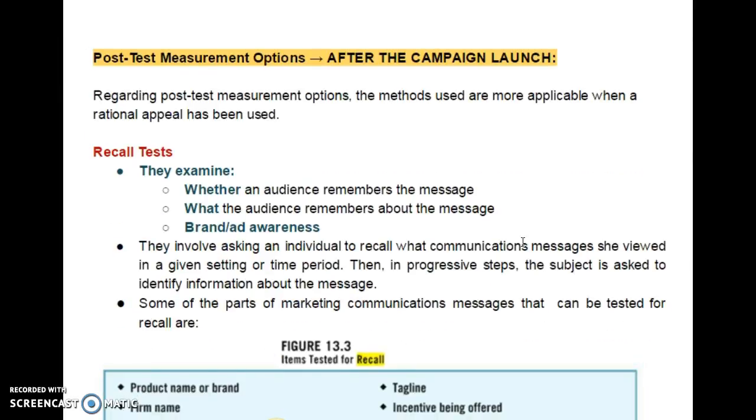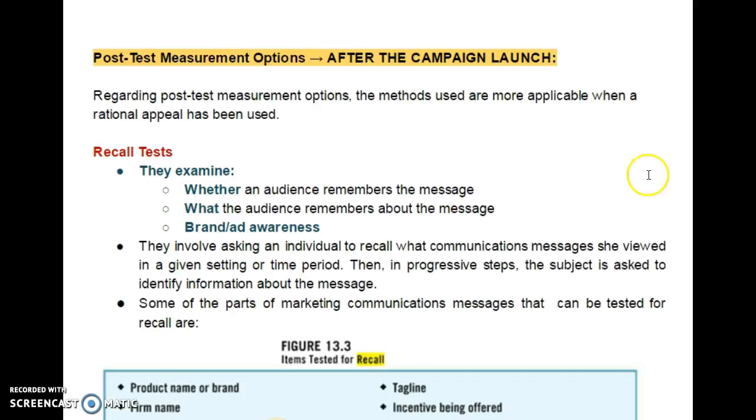Post-test measurement options after the campaign is launched. Regarding post-test measurement options, the methods used are more applicable when a rational appeal has been used. Recall test. They examine whether an audience remembers the message, what the audience remembers about the message. Brand awareness.